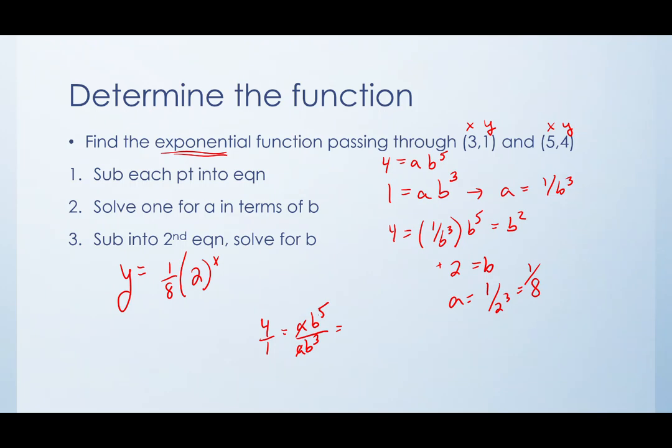B to the 5th over B to the 3rd, that is B to the 2. B squared is 4, so I got there pretty much the same. B is equal to 2. And then you plug into either one to solve for A. Either way. So this is substitution, and this is using ratios.